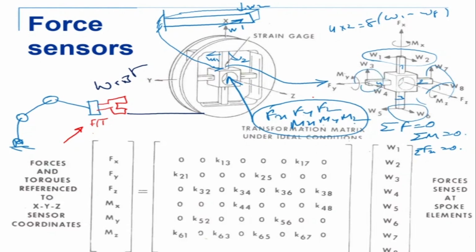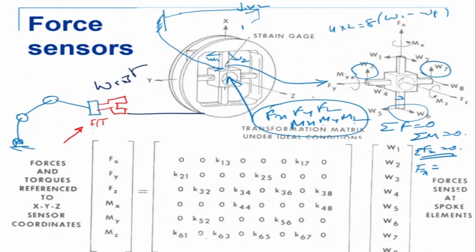So we have three force equations and three moment equations. I say sigma Fx equal to 0, the first one. All forces in the x direction are 0. That means Fx, the capital Fx, which is my x direction. Sigma Fx must be equal to, what are the forces in the x direction here? This one plus that one, W3 plus W7.